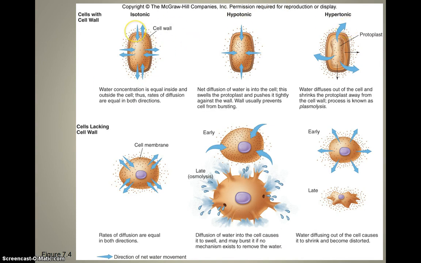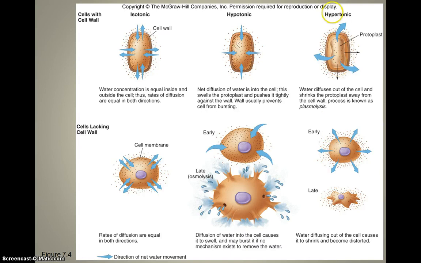So if we look at these scenarios, we have hypotonic and hypertonic up here, but you also can see this isotonic situation. Isotonic is where the concentration outside is the same as the concentration inside, and then you don't really have to worry about that. But in a hypotonic situation, water tends to want to come in, and if water is allowed to come in freely without being protected by the cell wall, or if there's something wrong with the cell wall, then the cell would fill up with water until it bursts like a balloon.